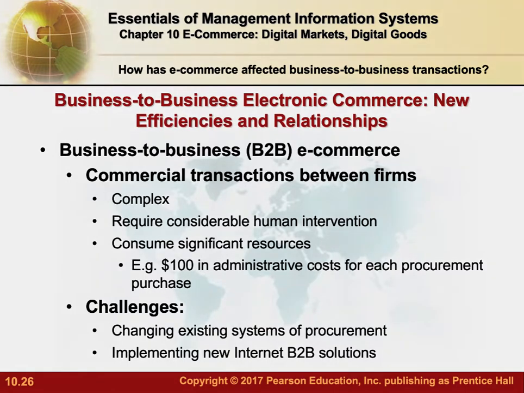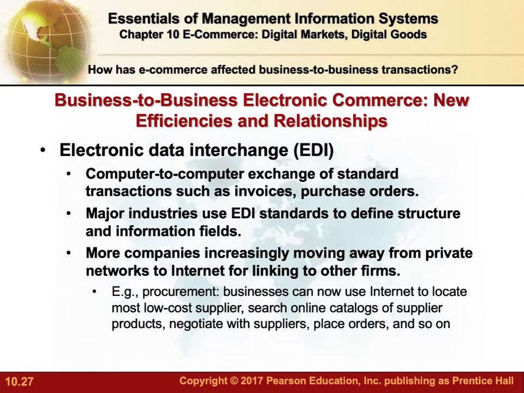Next we have EDI, electronic data interchange. This is basically moving purchase orders, invoices and goods receipts between two separate entities or businesses, and making automatic payment at the same time.